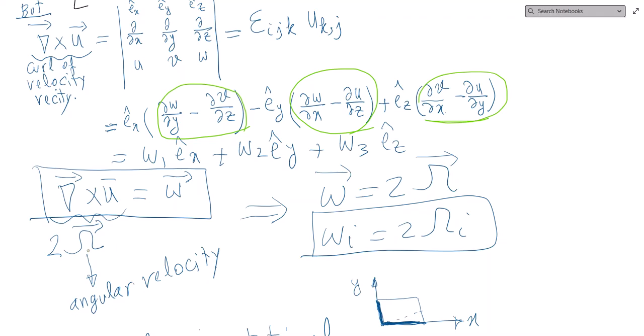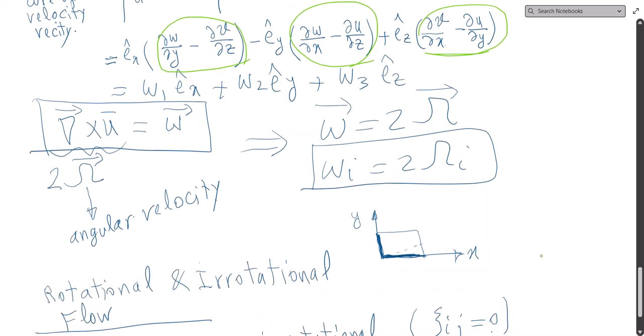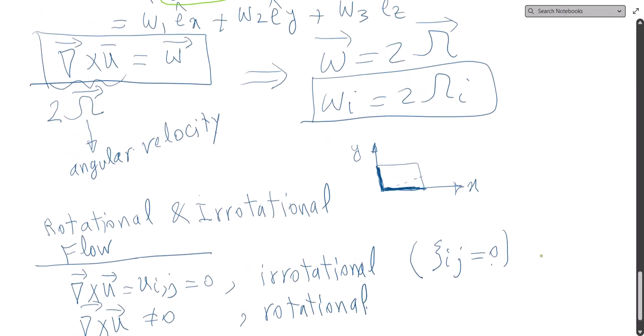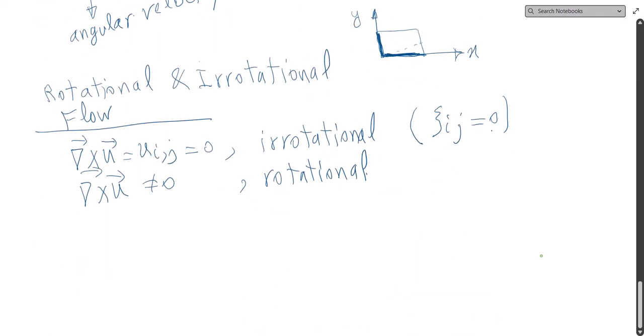So omega is the angular velocity, and therefore you can say that the curl I calculated here is 2 times the vorticity. So this is actually the definition of rotational and irrotational flow. If you have irrotational flow, then your curl is 0. If you have rotational flow, the curl has a non-zero value, and then you can take it from there.